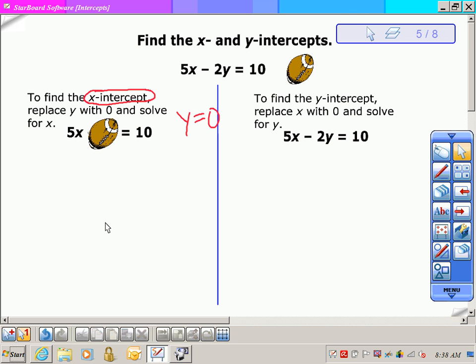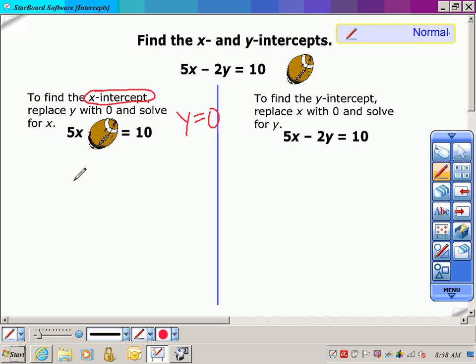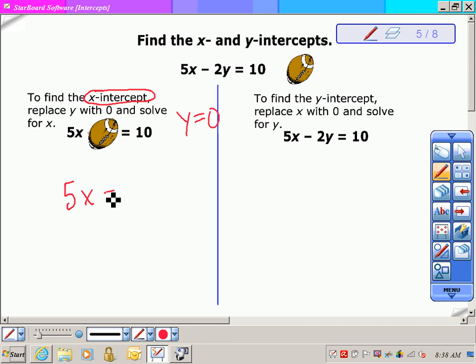What's left is 5x equals 10. To solve for x, what would I do? Divide by 5 so that x is 2. So now my x-intercept is x is 2, y is 0. That's 1 point.